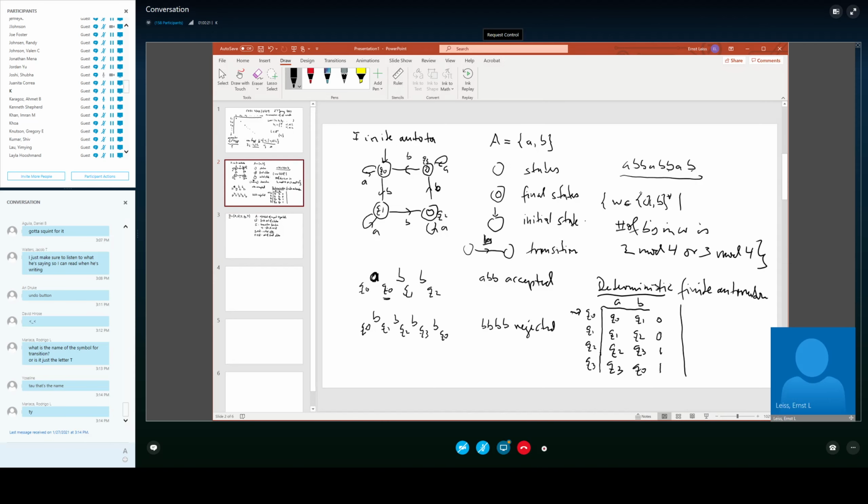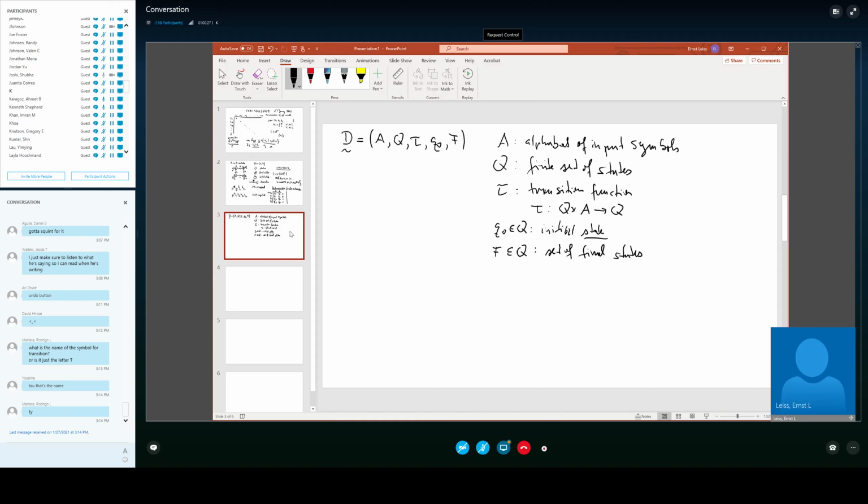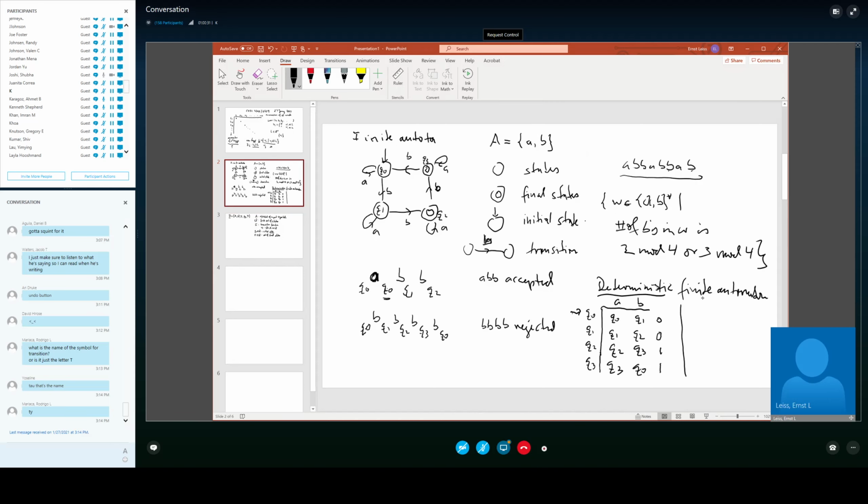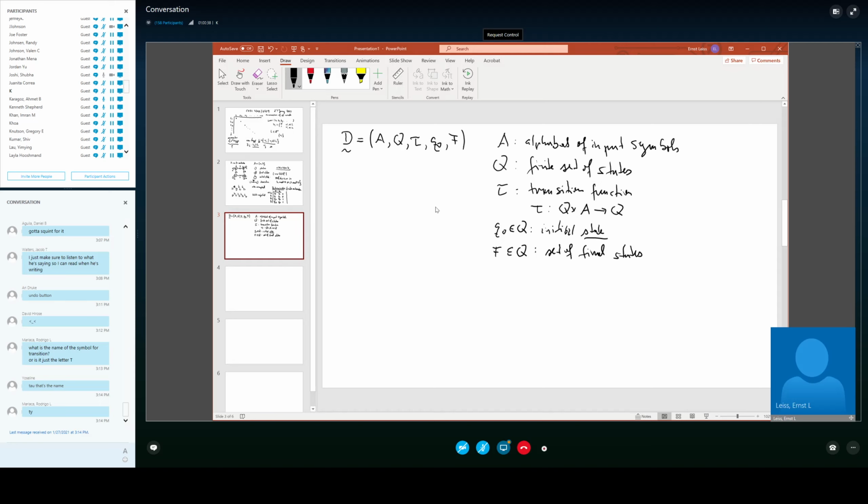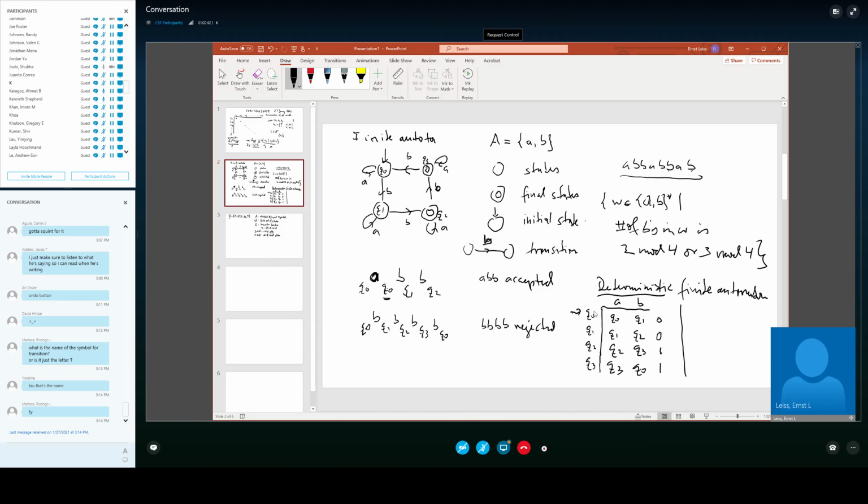This is A and B. The set of states, Q, is, of course, listed in that first column, Q0 to Q3 in this case. The transition function is that function before we added things. And then Q0 is the initial state.